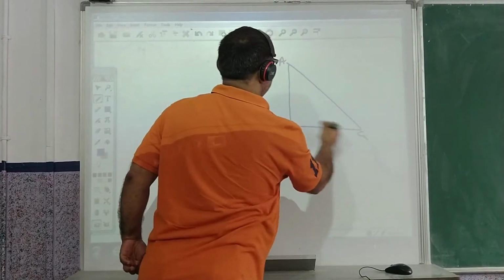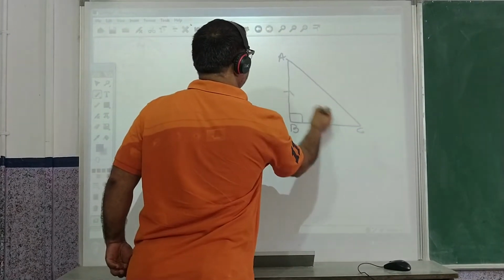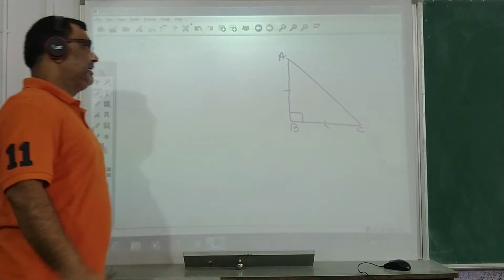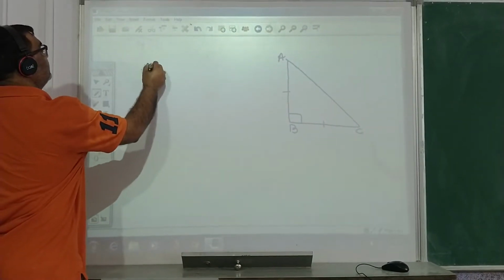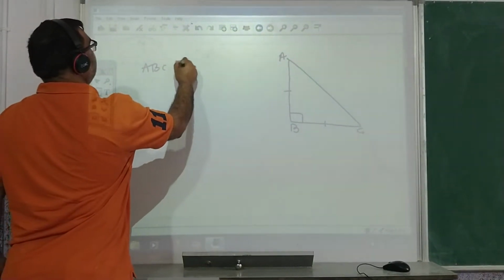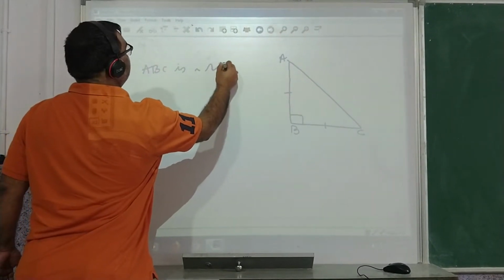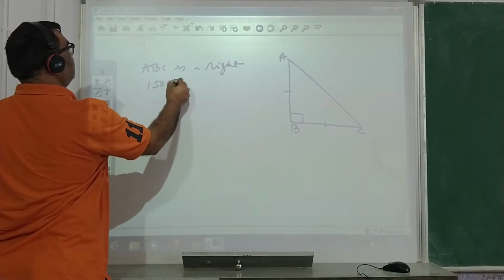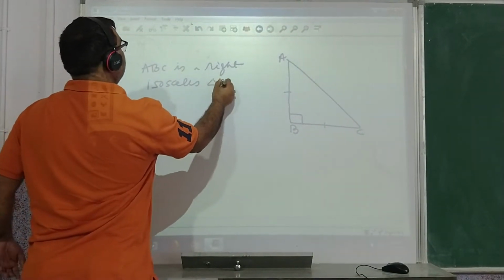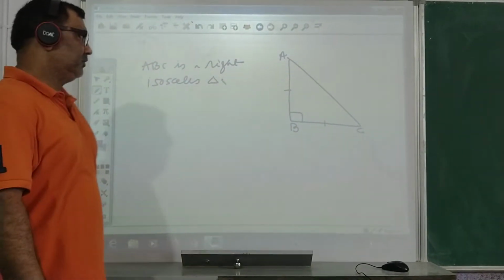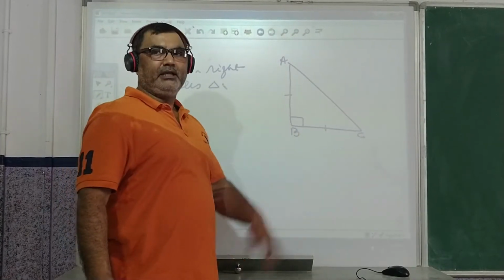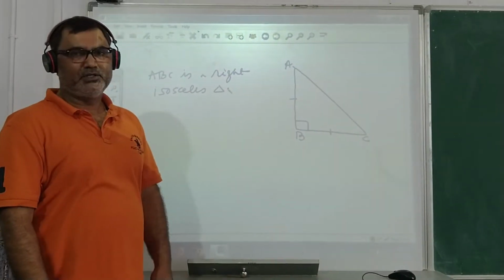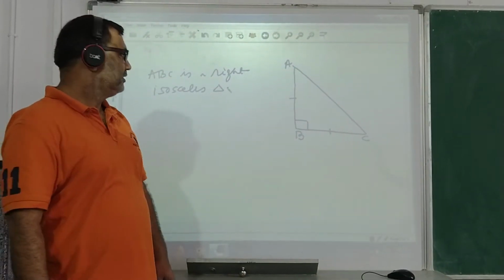ABC is a right isosceles triangle. As I told you, in a right angle triangle, the hypotenuse is the longest.